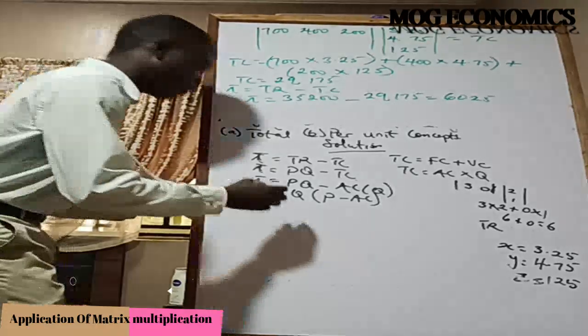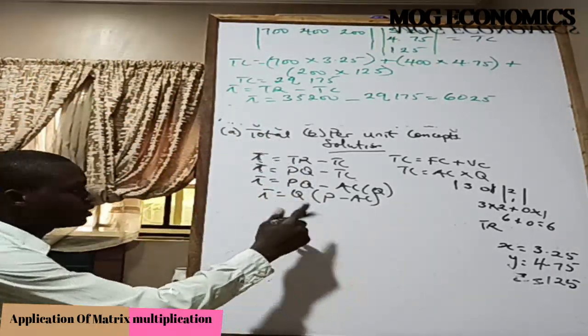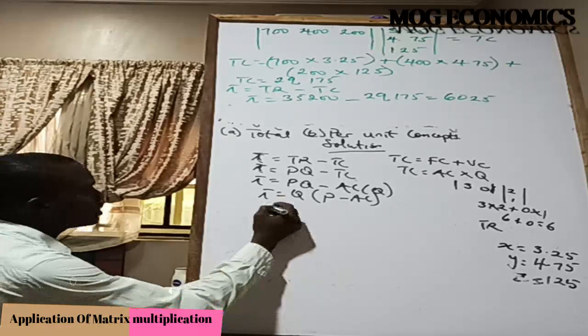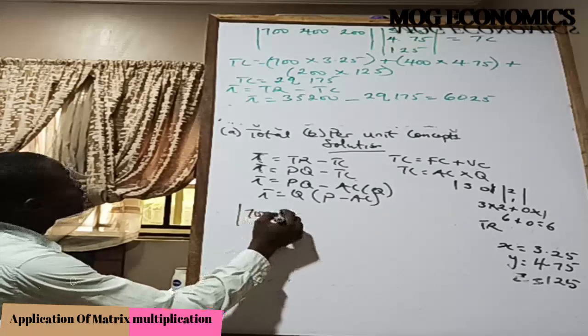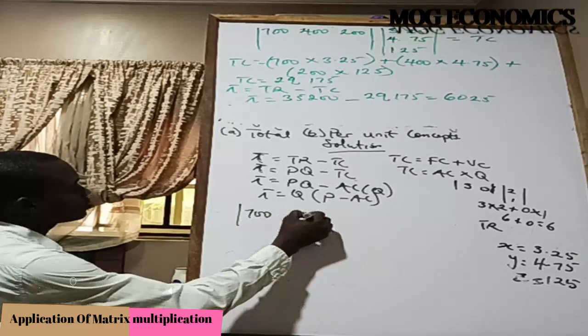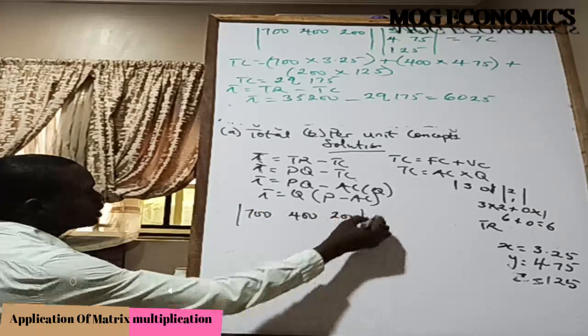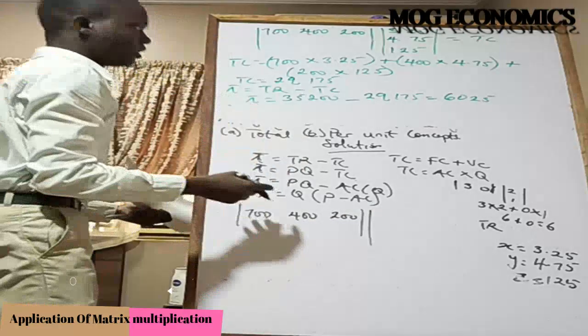So essentially, for us to get the profit, we are going to have the quantity matrix of the three commodities: 700, 400, and 200. Then we multiply by P minus AC.